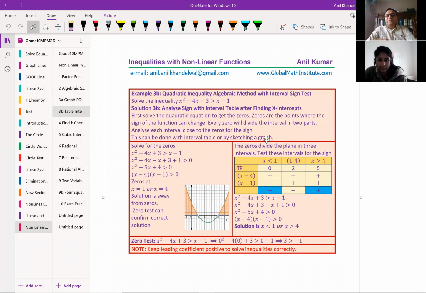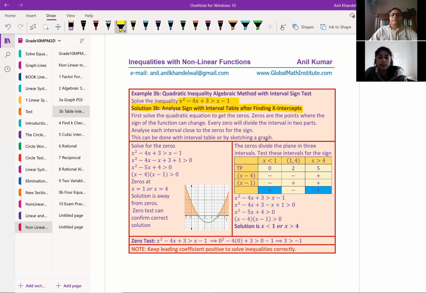Oh, you see that familiar interval chart once again. Now, Amy, this time we are again solving the same inequality, and the solution means analyzing the sign with an interval table after finding x-intercepts. That is my strategy now. Finding x-intercepts really means that I'm going to bring the terms to the same side.